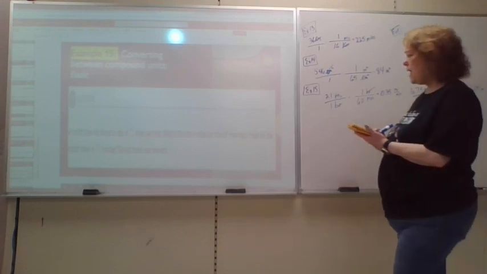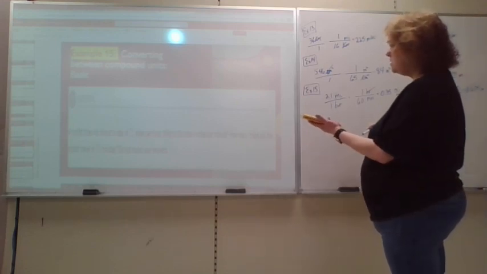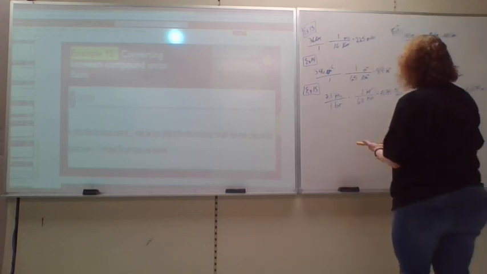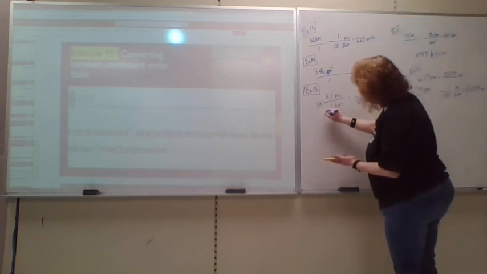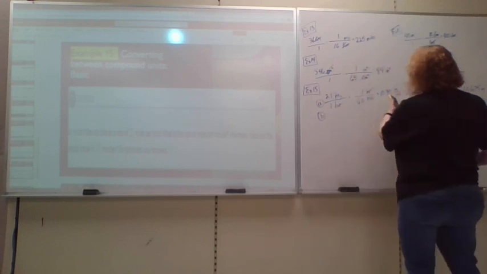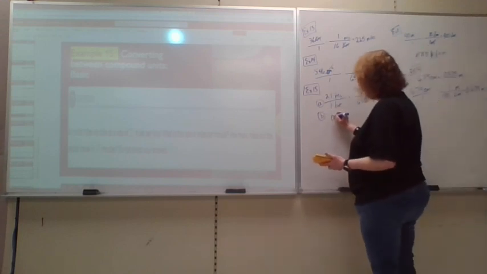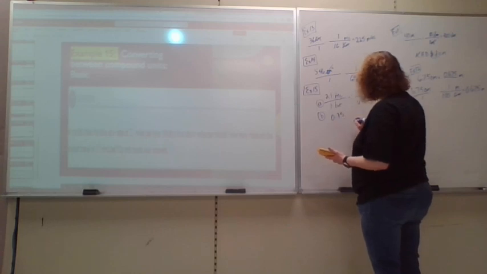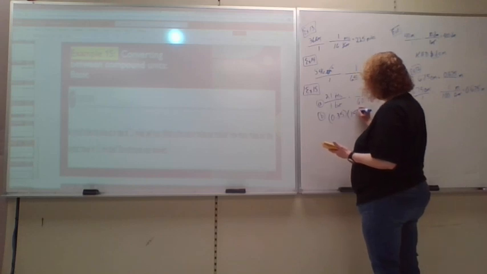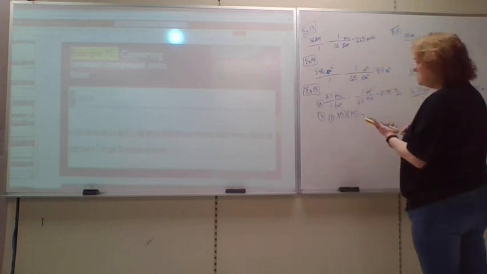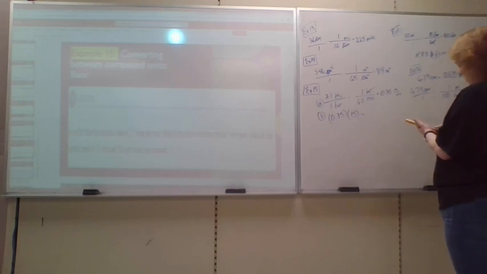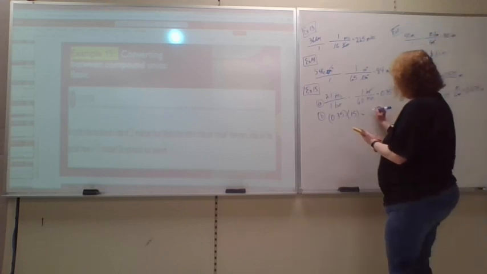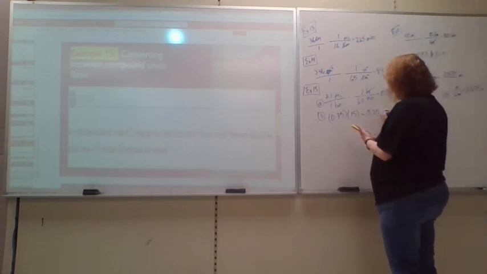Next, it asks, how many miles can the cyclist travel in 15 minutes? So this is part A, obviously. This is part B. What you do is you take part A and you multiply it by 15 minutes. 0.35 times 15 is 5.25 miles.